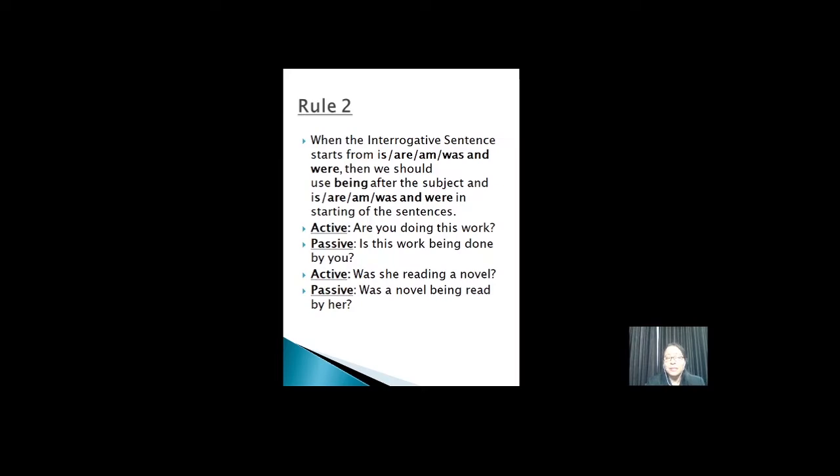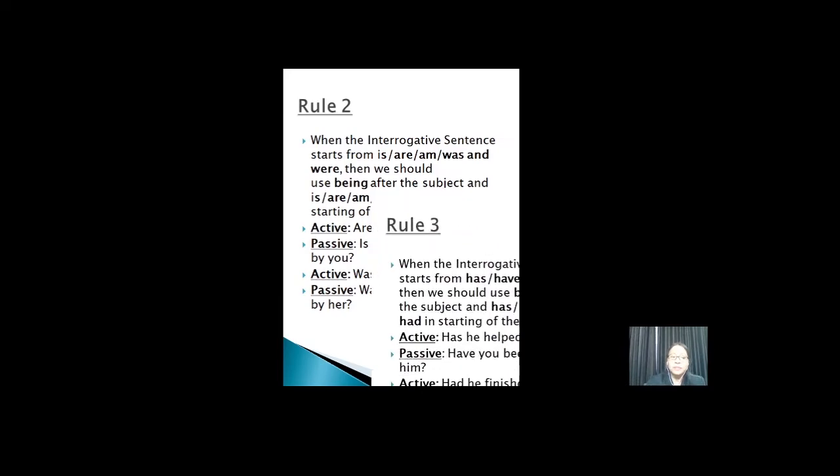This is present continuous tense. Is this work being done by you? Active voice again, next sentence. Was she reading a novel? Was a novel being read by her? Understood, students? In the first rule, we did all simple present and simple past. In this rule, we did present continuous and past continuous.